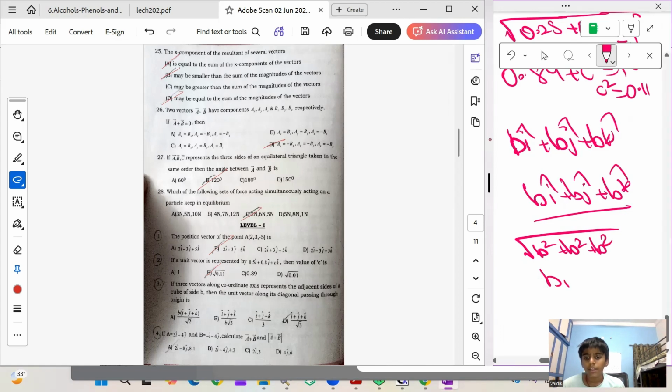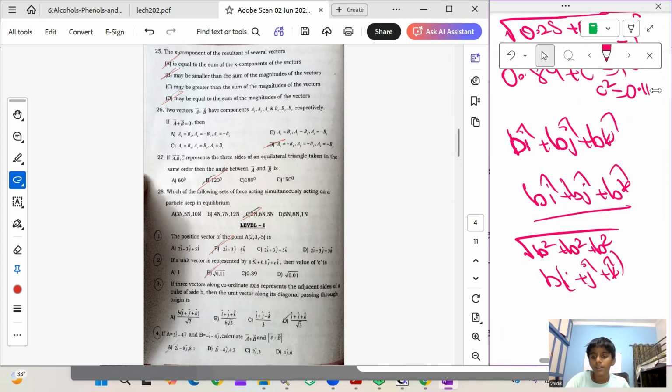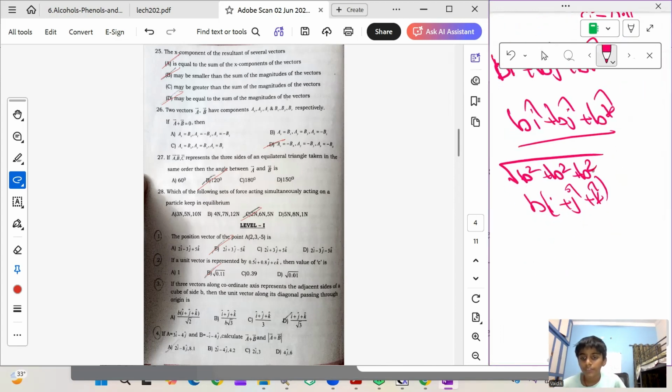It will be b into i cap plus j cap plus k cap, divided by b into root 3. So it is i cap plus j cap plus k cap by root 3. Option D.